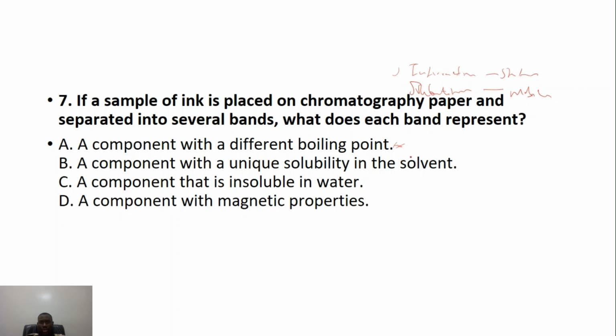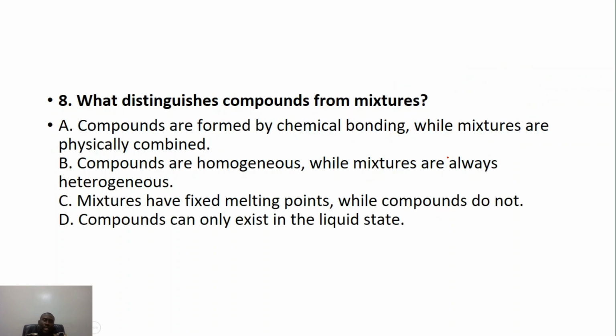So it's not about boiling points. A component with a unique solubility in the solvent, a component that is insoluble in water, a component with magnetic properties. This is the correct answer. B. What distinguishes compounds from mixtures?